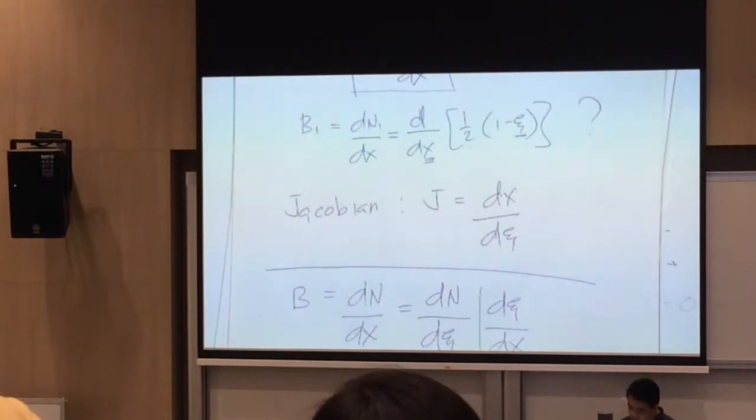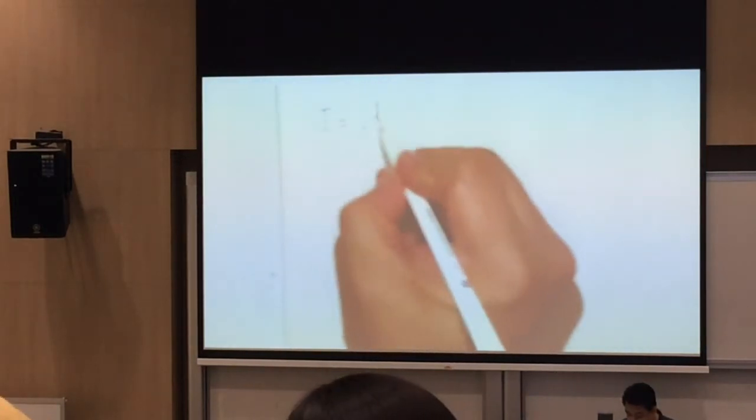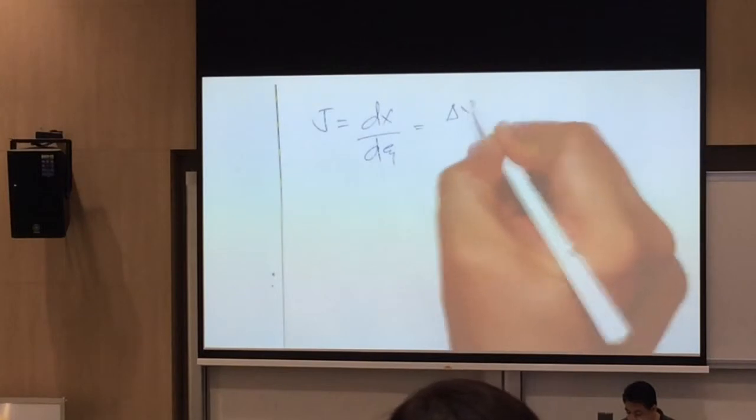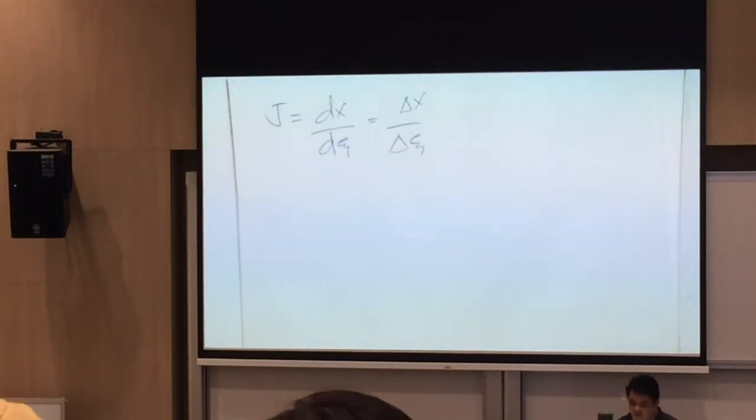Now let's start to solve for this one first, your Jacobian. Jacobian is equal to dx dc, or this can be delta x over delta c. We can have the mapping.